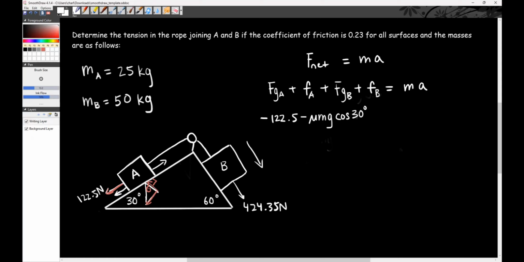Okay, so the next force is the force of gravity on object B, and that is going in the direction of motion, so we don't have to minus it, we can do plus. And we know it's 424.35. And the friction of block B is opposing the direction of motion, it's going in this direction, so it's going to be negative.